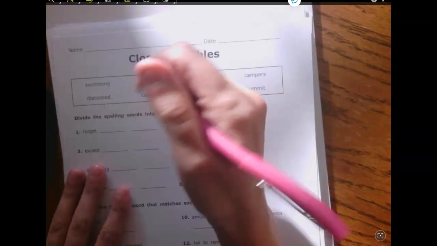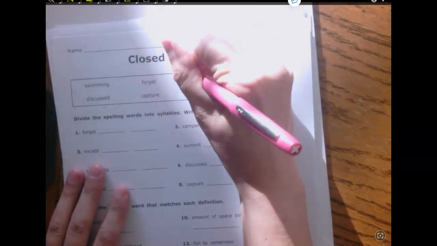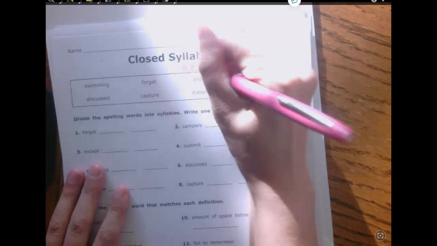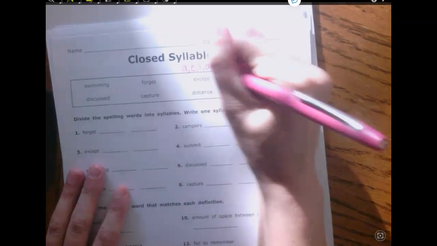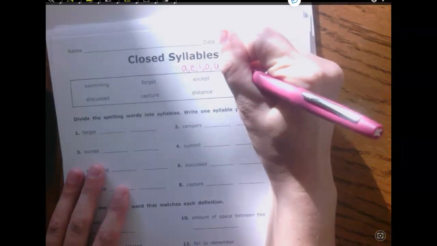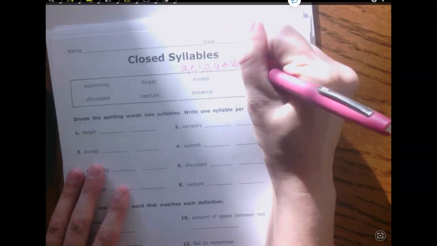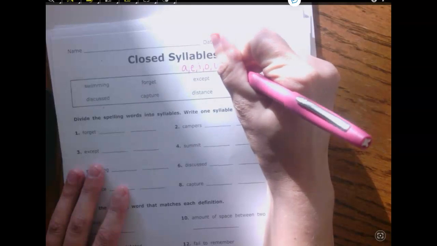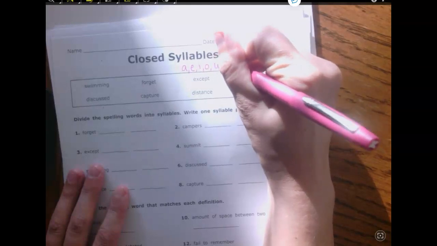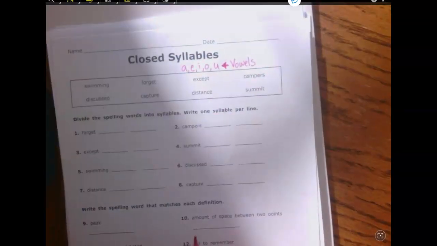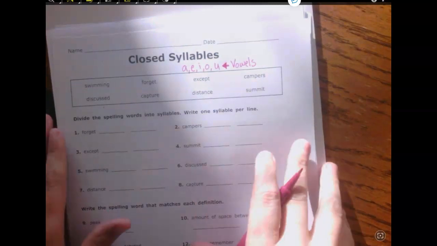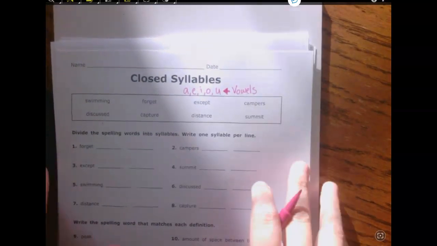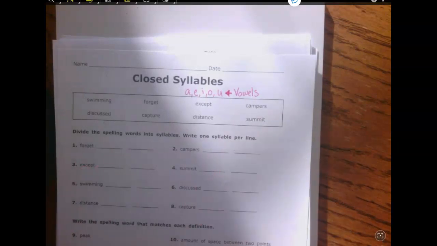As a reminder, a vowel is A, E, I, O, and U. Everything else is a consonant. The letters B, C, D, F, G, all those letters are consonants. So we're looking for words that have two consonants right next to each other.